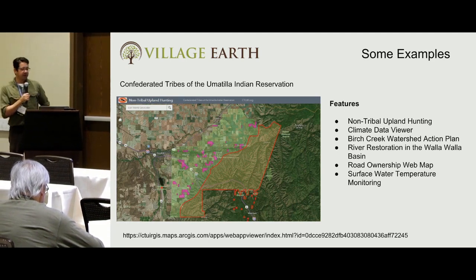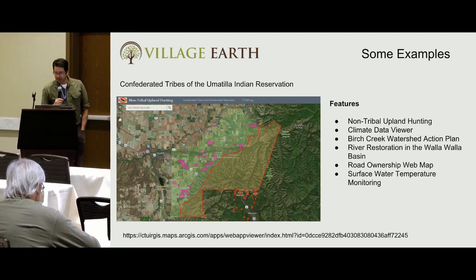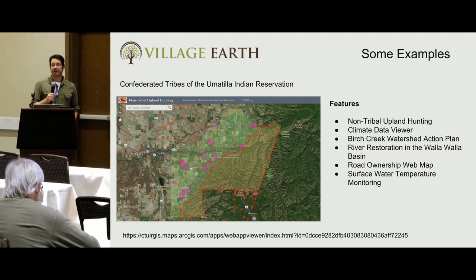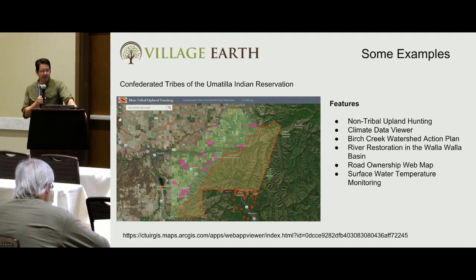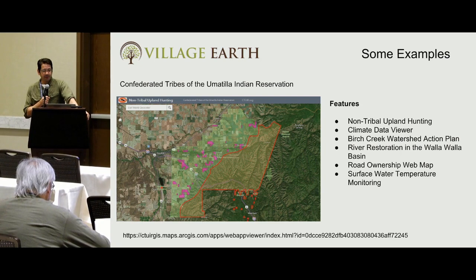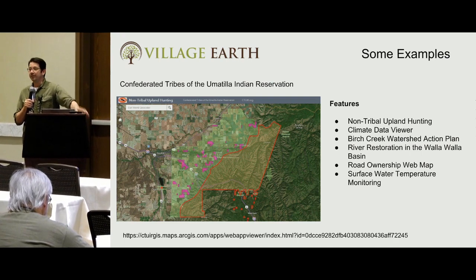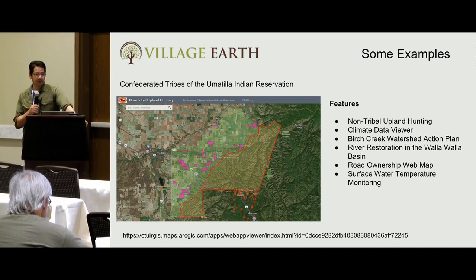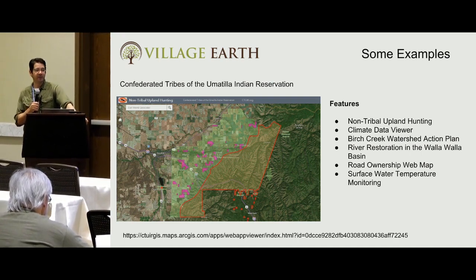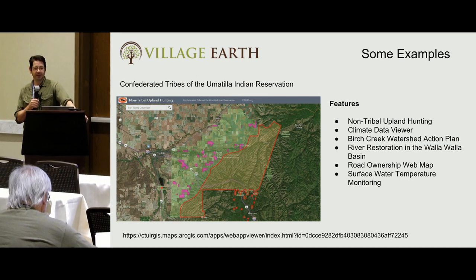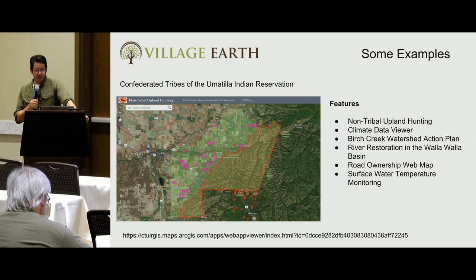The Confederated Tribes of Umatilla Indian Reservation have a pretty detailed one where they have online maps of non-tribal upland hunting. This makes it easier for outsiders to come in and know which lands are available for hunting. And I'm sure those areas change from year to year, so this makes it easy to update those maps and get them out. It has a climate data viewer. It has a Birch Creek watershed action plan.